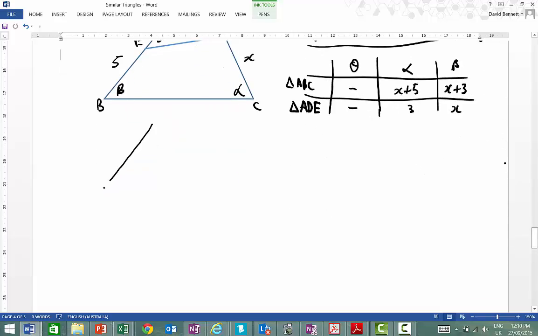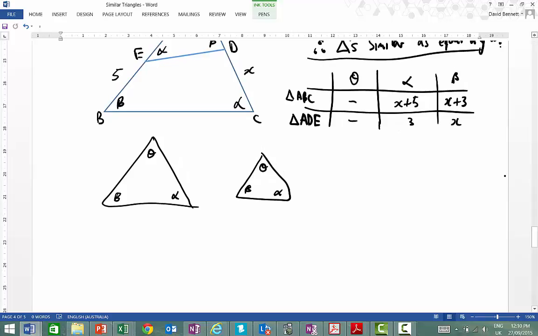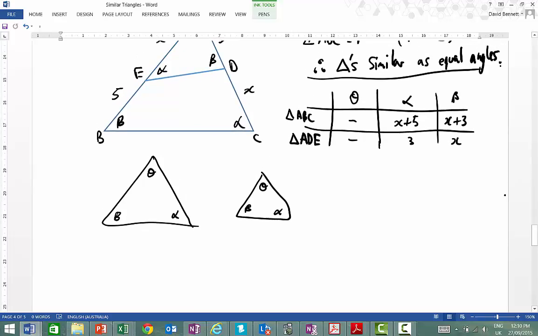The other way is to draw the two triangles, big triangle, small triangle. You're labelling your angles, beta, alpha, theta. We know that this side over here, because I've drawn it in the orientation of the big one, is going to be simply on this side here, x plus 5.